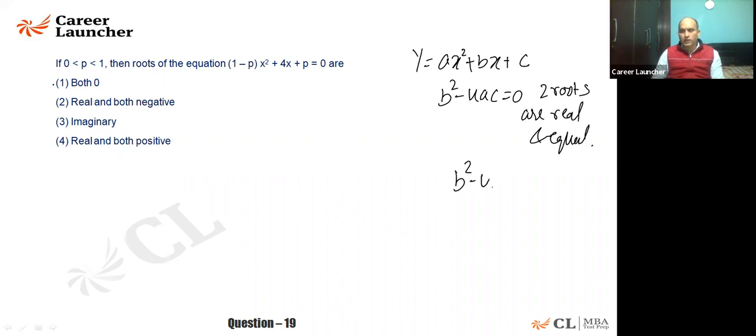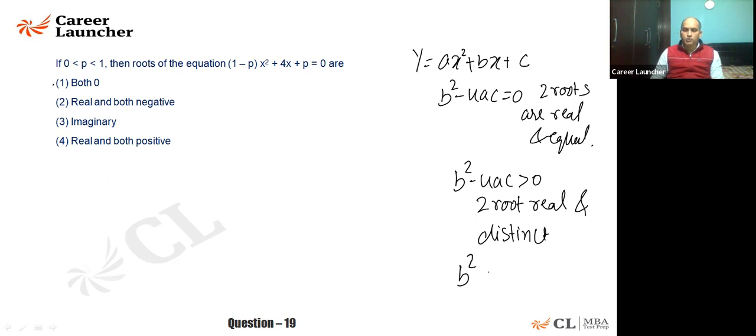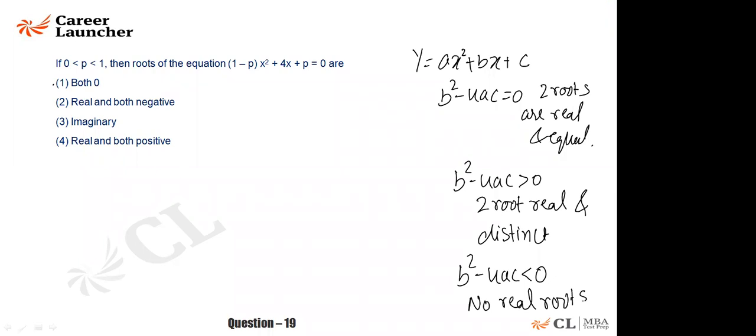When b square minus 4ac is greater than 0, I'll say two roots are real and distinct. If you get b square minus 4ac is less than 0, I'll say no real roots. Both the roots are imaginary. Fine. So can you get the answer of this question after this?